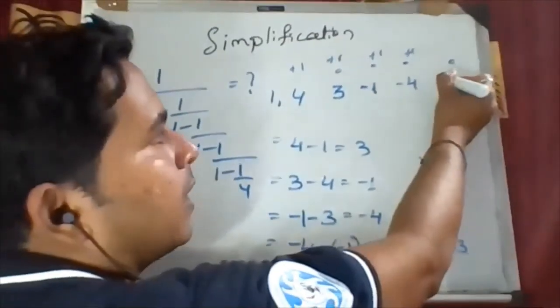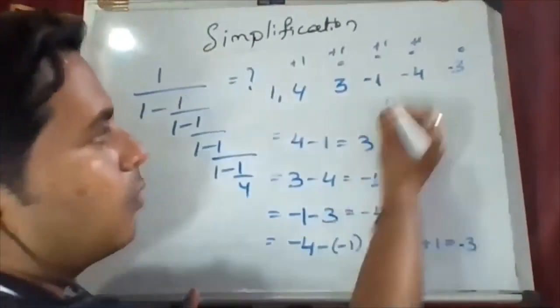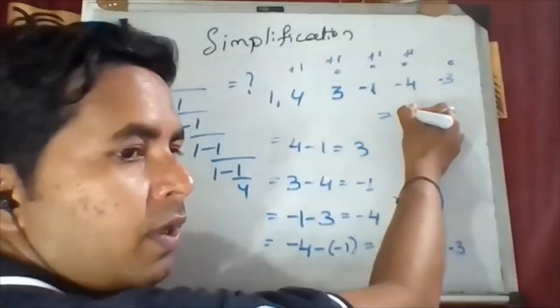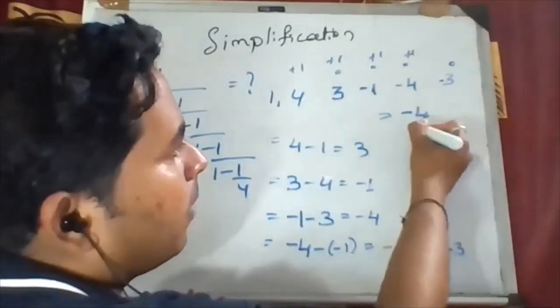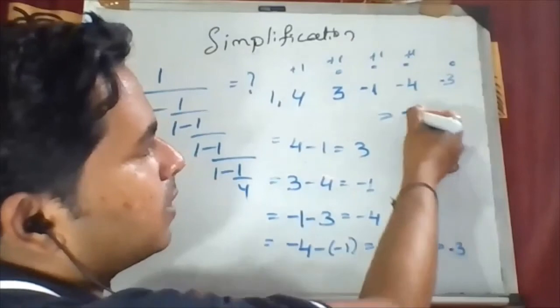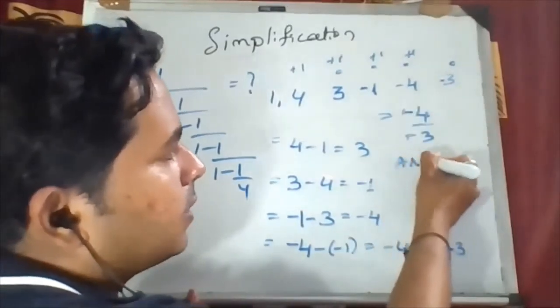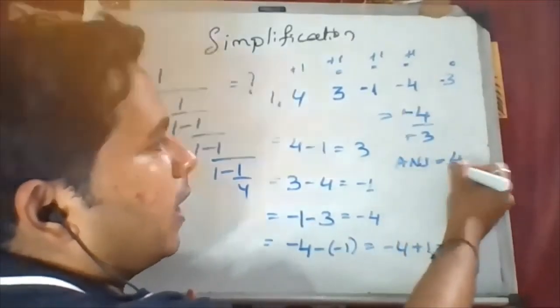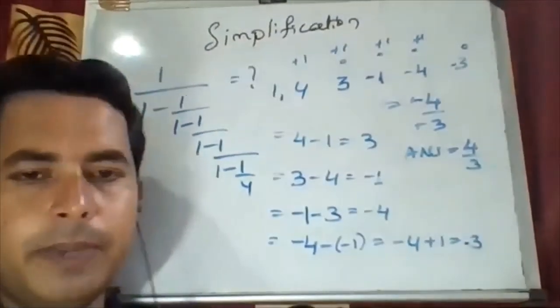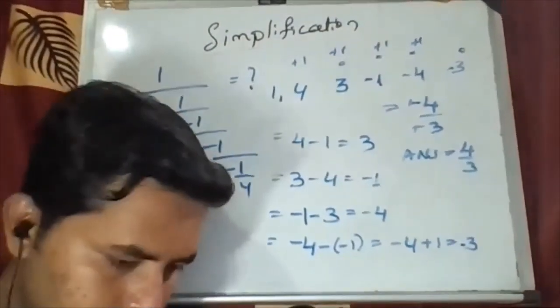So your last one will be minus 3. Then you have to keep it as minus 4 by minus 3. Then minus minus will get cancelled. So your answer will be 4 by 3. Okay.